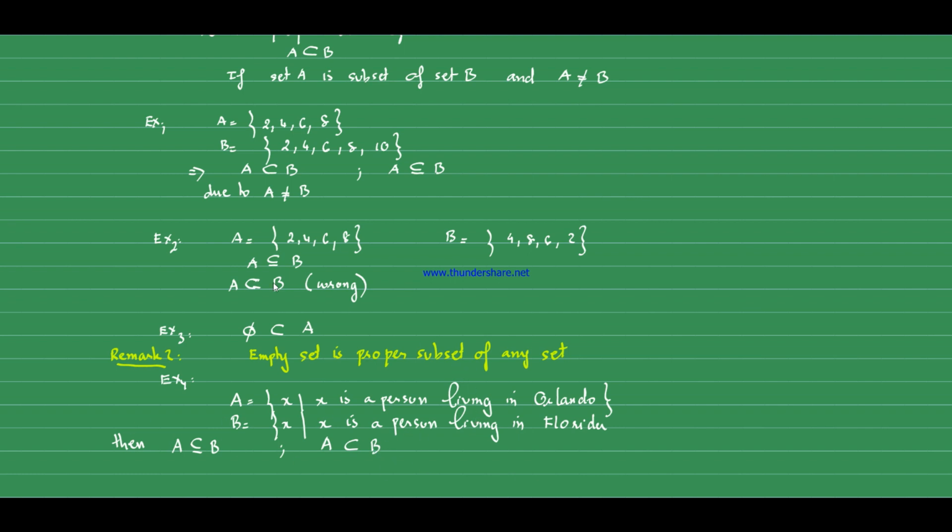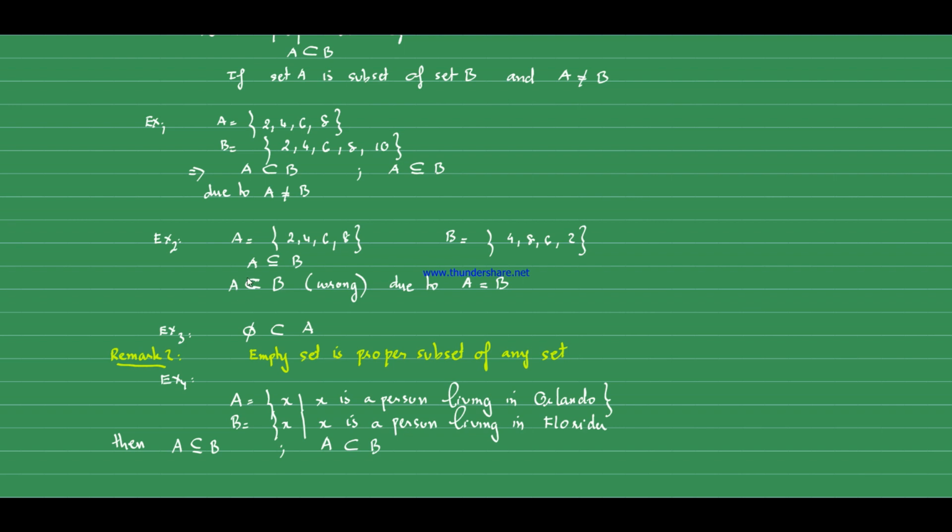That's why I say the only case when you cannot write A is a proper subset of B is when we have set A and set B equal. If set A and set B are equal, then we cannot write it. So I'm going to add over here, if it's set A equal to B, then we have to write like this.